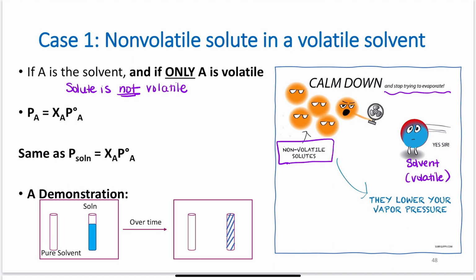Demonstration. Let's say we have pure solvent versus a solution. If I fill this graduated cylinder, and let's say I actually have pure solvent in here. I don't know why I never colored this in. I have pure solvent in here, and on the other side, I have a mixture of that solvent with something else. So for simplicity, let's say I have water.